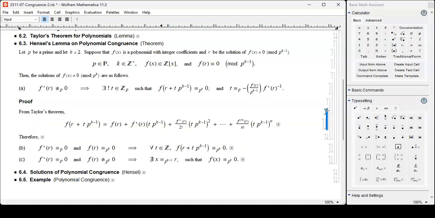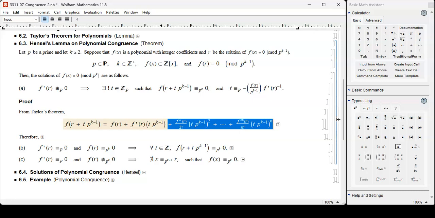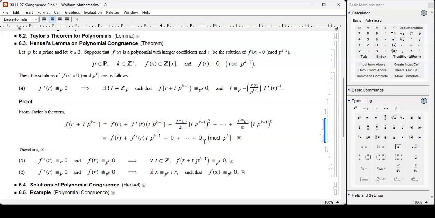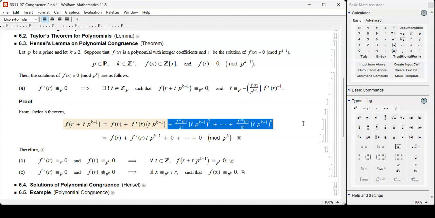From Taylor's theorem, we have this expansion here. No problem, this is Taylor's theorem. And then please make this observation: quadratic or higher terms all disappear. We saw that earlier in the motivating example, you remember that?